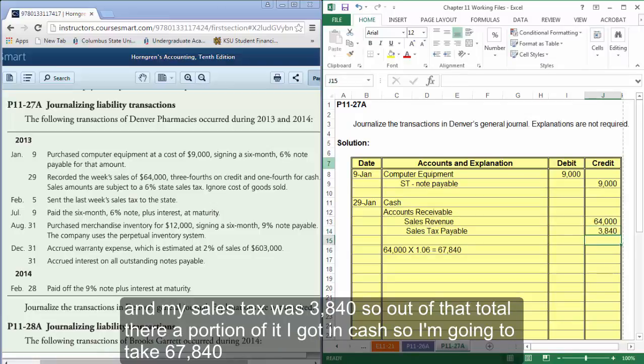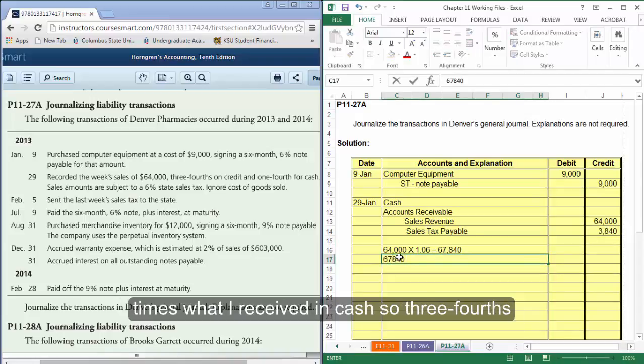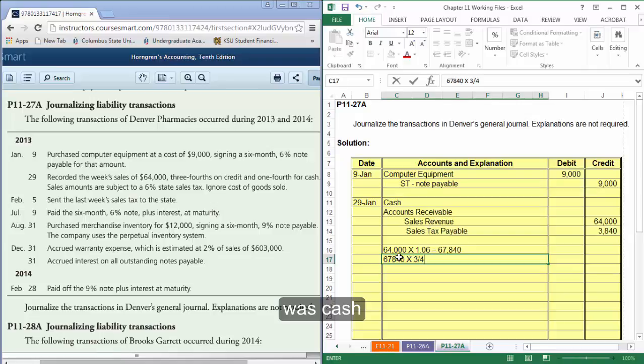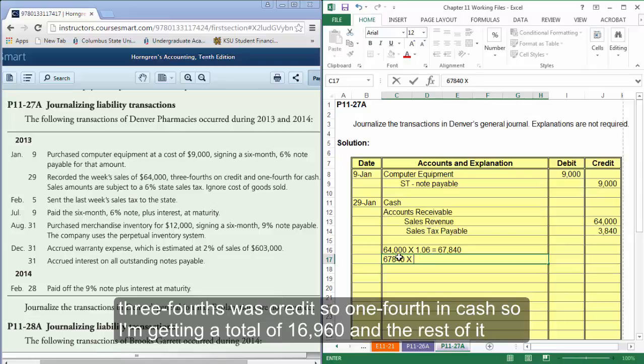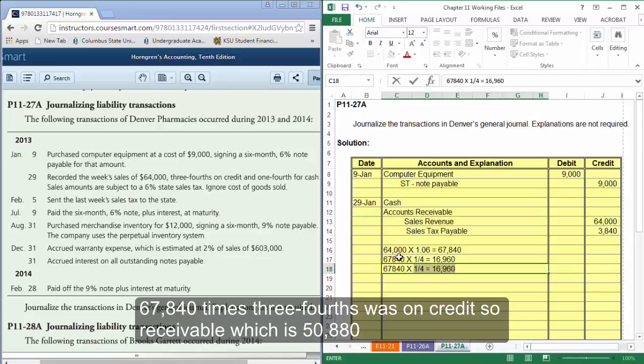So out of that total there, a portion of it I got in cash. So I'm going to take $67,840 times what I received in cash. So 3/4 was cash, right? No, 3/4 was credit. So 1/4 in cash. So I'm getting a total of $16,960. And then the rest of it, $67,840 times 3/4 was on credit.